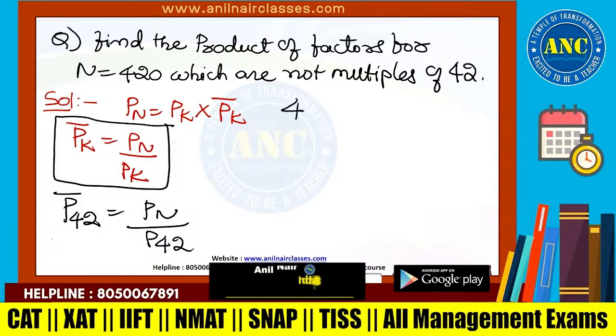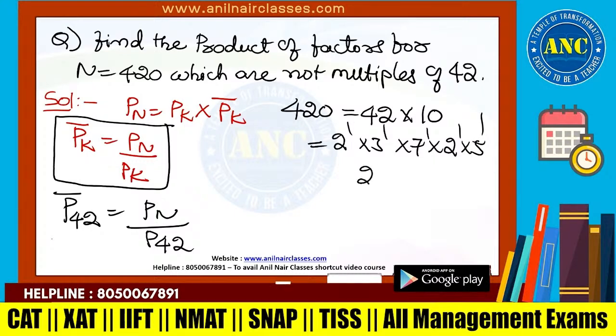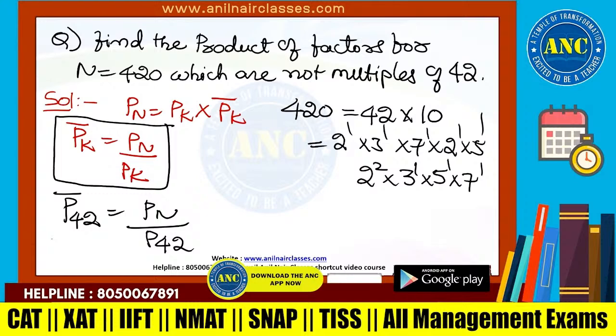So 420 is 42 into 10. 42 is 2 into 3 into 7, into 2 into 5, which is 2 square into 3 into 5 into 7. This is the number. 4 into 3, 12, 12 5s are 60, 67s are 42.